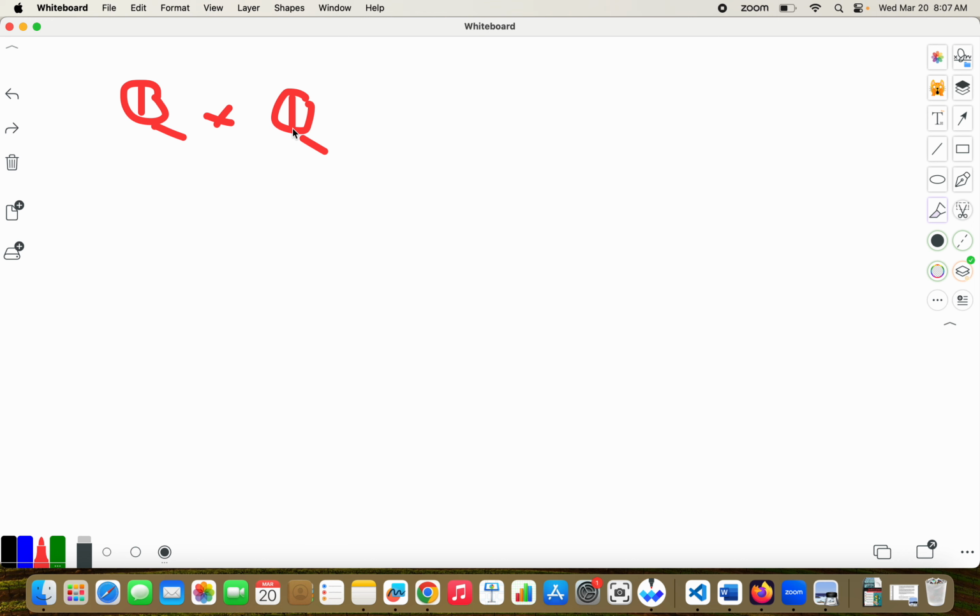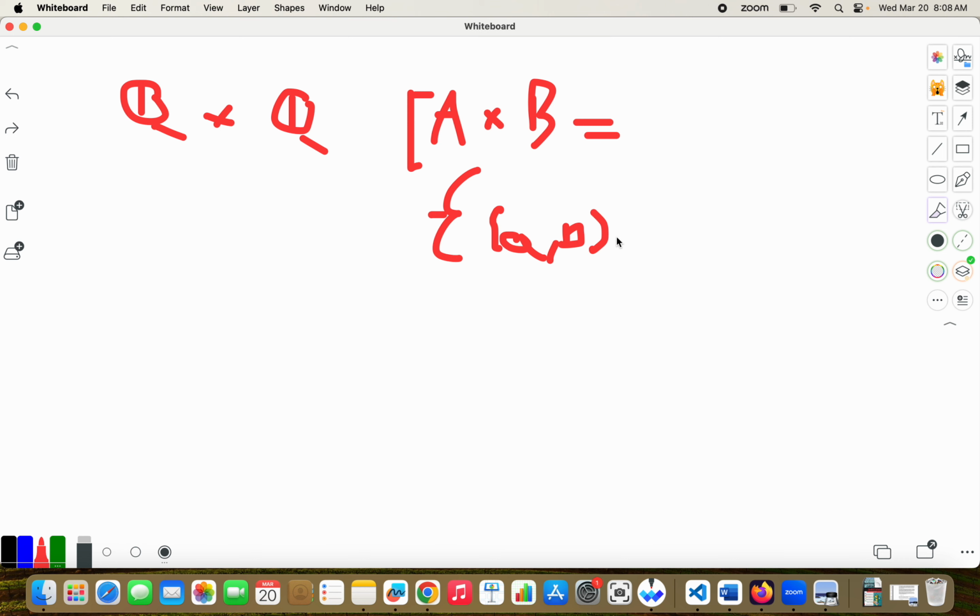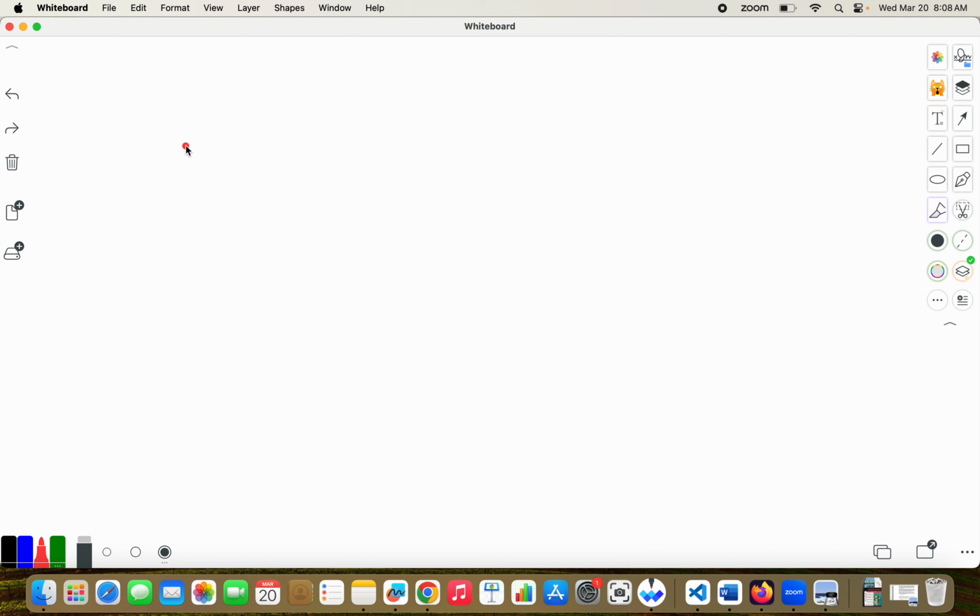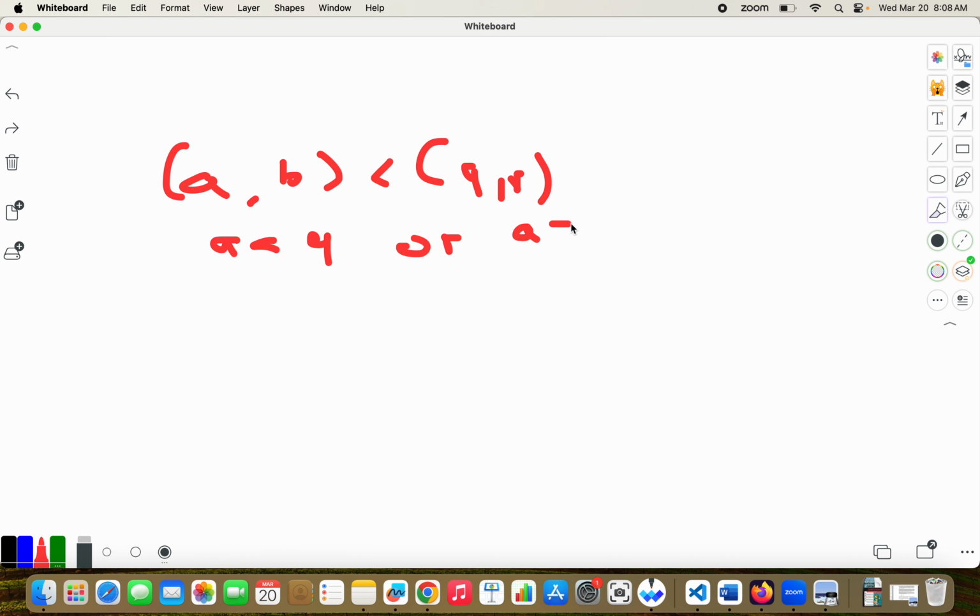Well, basically, the dictionary ordering is the set of ordered pairs (a, b), where a is in A and b is in B. Now we say (a, b) is less than (q, r) if either a is less than q, or a equals q and b is less than r.